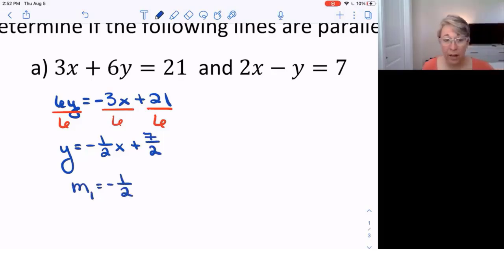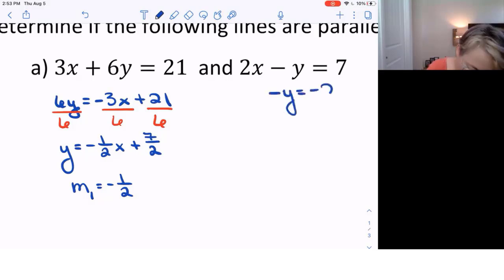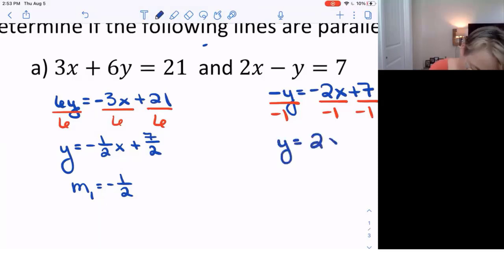So let's take a look at our next equation, 2x minus y equals 7. If we subtract 2x from both sides, we get negative y equals negative 2x plus 7. We're going to divide both sides by the coefficient of that y, which is negative 1. And we get y equals 2x minus 7.